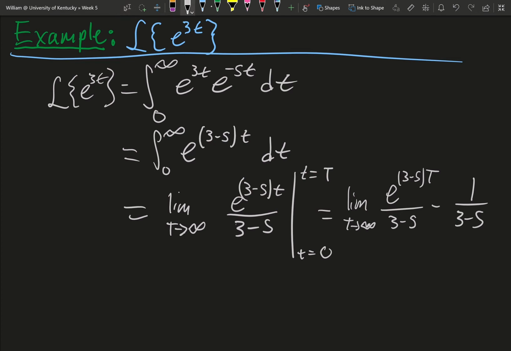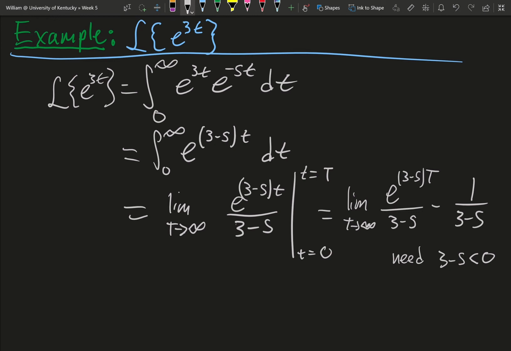For this to converge as t goes to infinity, we need 3 minus s to be less than 0. Again, these steps aren't right if s is exactly 3, but it would still blow up in that case.